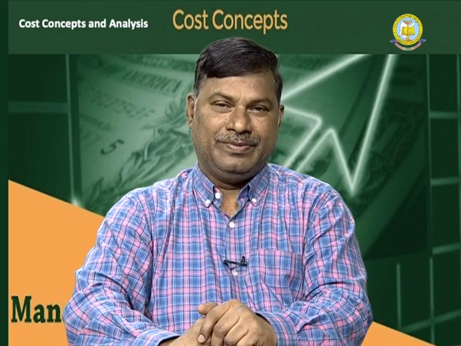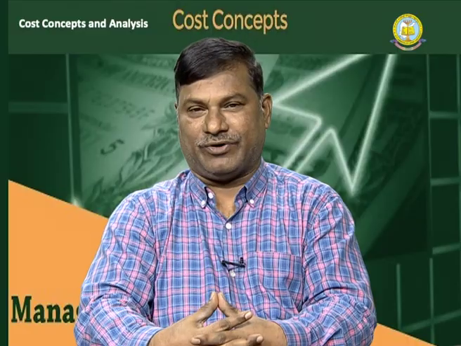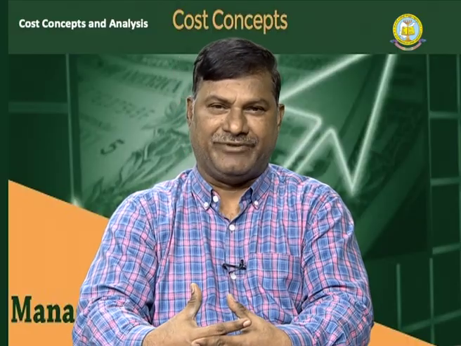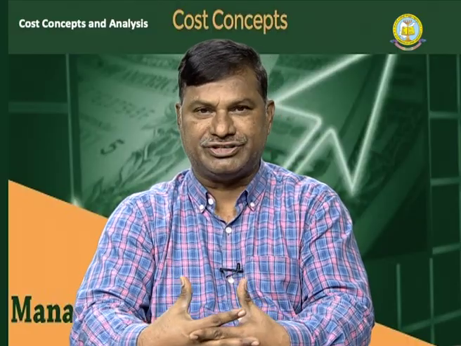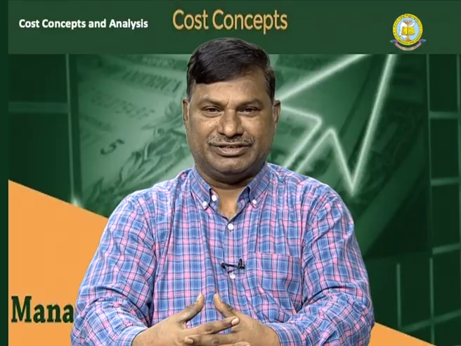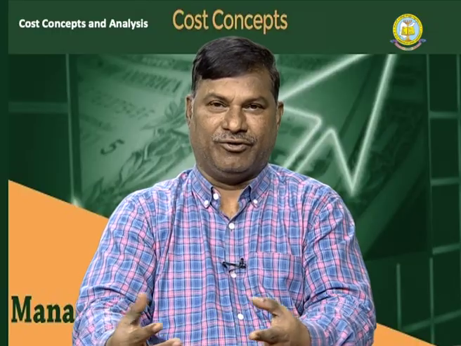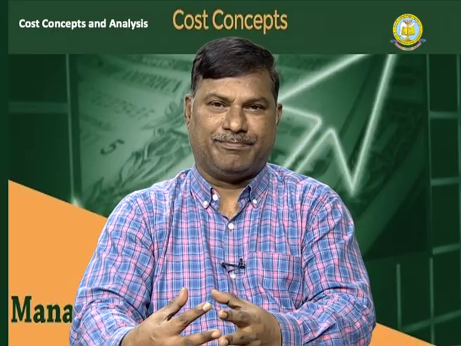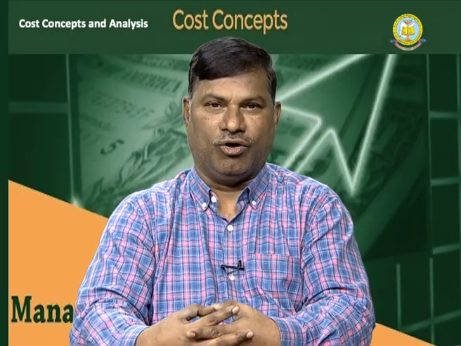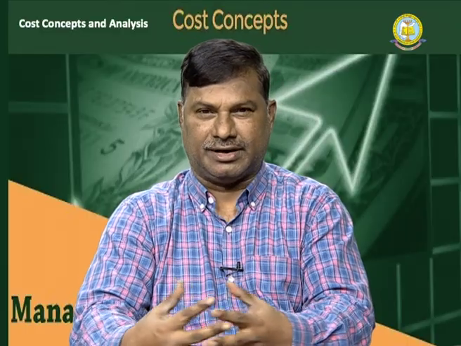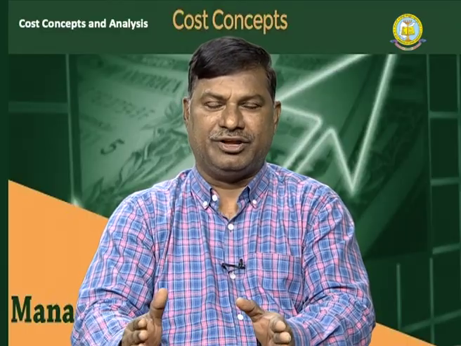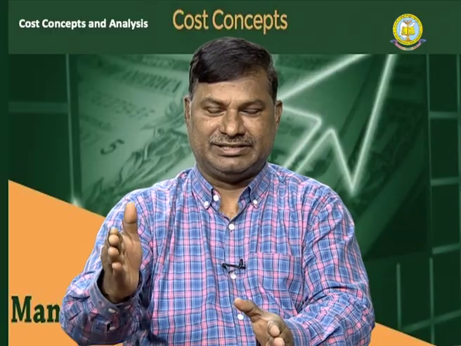Now, there is another type of cost which is partially fixed in nature and partially variable in nature, for example your utility bills or telephone bills. If you look at the power bill of your office or your domestic consumption, up to 200 units there is a certain slab.